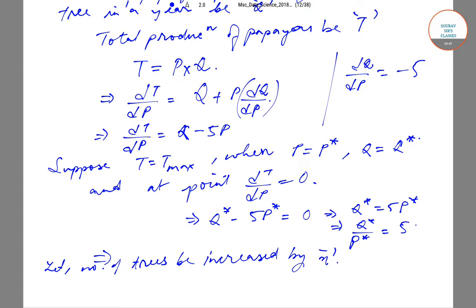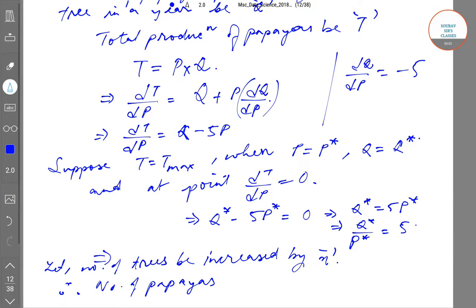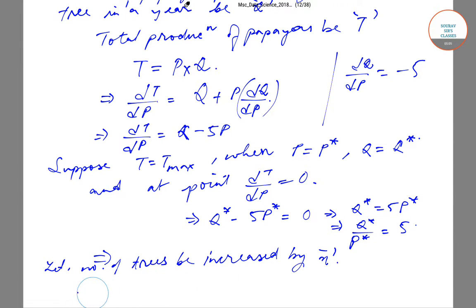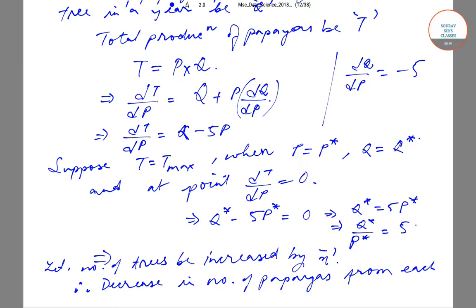So if the number of trees is increased by x, since output drops by 5 papayas for each additional tree, the decrease in number of papayas from each tree will be equal to 5x.